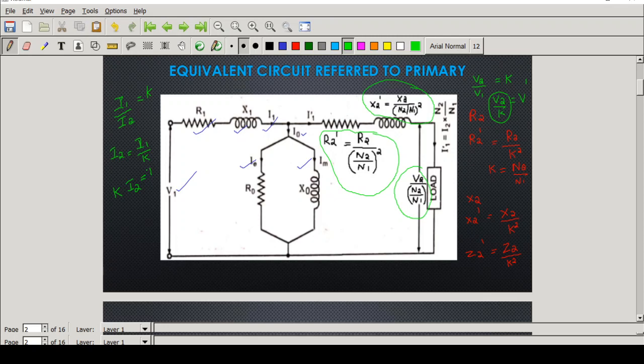So in order to make I2 equivalent to I1, you have to multiply it by K. That is why here we are representing I1 dash. I1 dash is the same as I2.